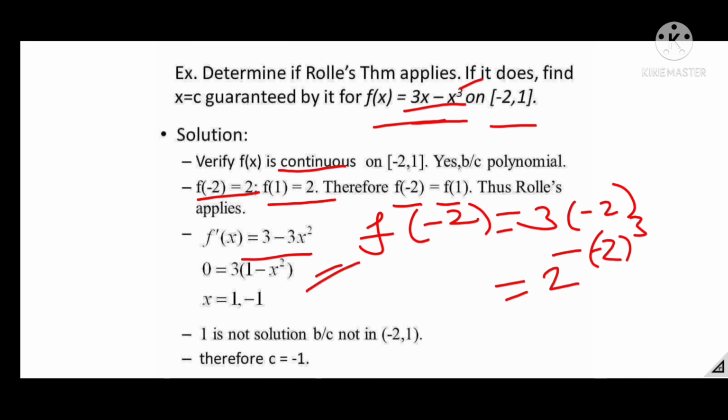Now find the value of x, that is equal to 1 and -1. Now 1 is not a solution because it does not lie in this open interval (-2, 1), but c is equal to -1 because this lies in this interval. So the value of c is equal to -1.